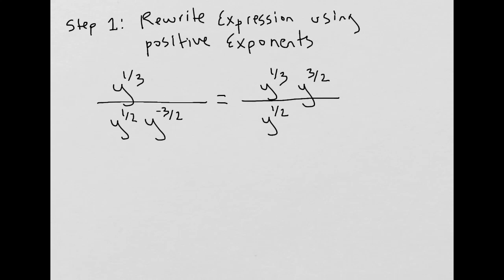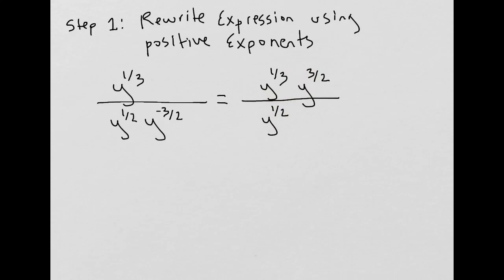The next thing that I want to handle is, you'll notice on top I'm multiplying y's with other y's. So I want to consolidate what I have on top a little bit. Since I'm multiplying y's with other y's, that means I need to add my exponents. Eventually, if I look down the road, I know I'm going to need to do some subtraction as well.